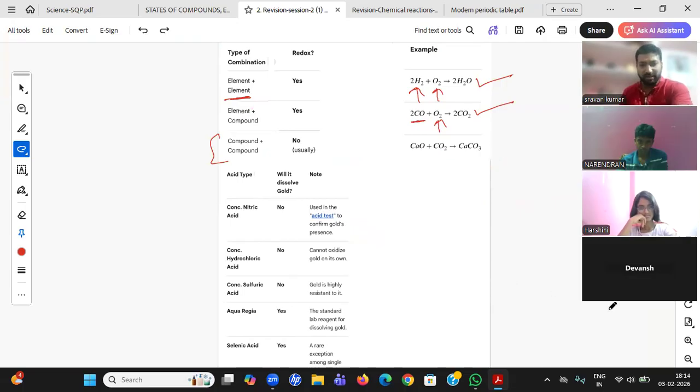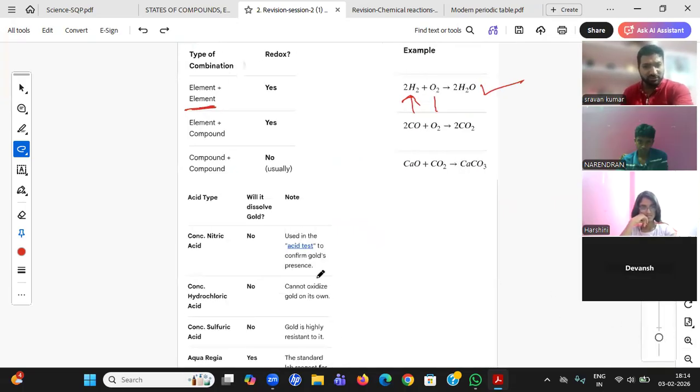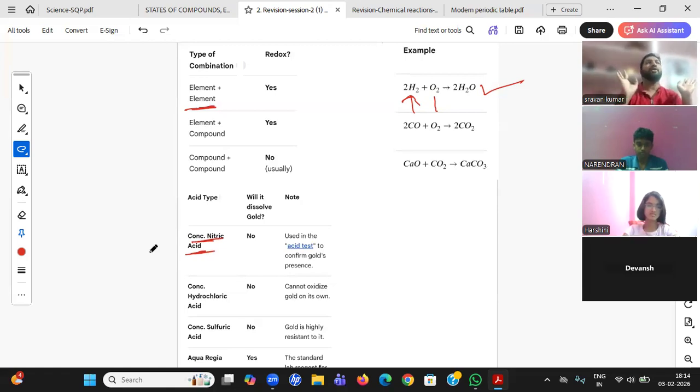Yesterday one of the students asked me this question: sir, if I mix gold with concentrated acids... In your class 10, we concentrate on dilute acids because most of the things are practical, done in your laboratory. That is your basic teaching style. We are not going to use concentrated acids at all in your lab, only dilute acids and dilute bases.